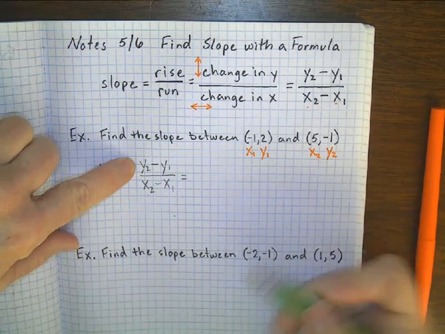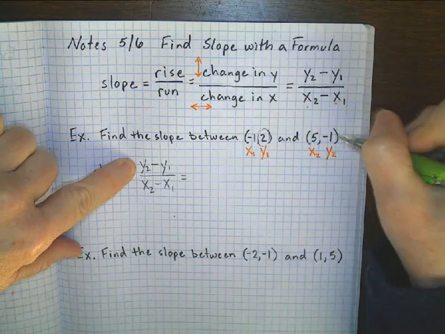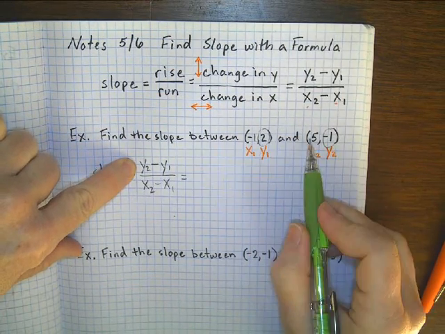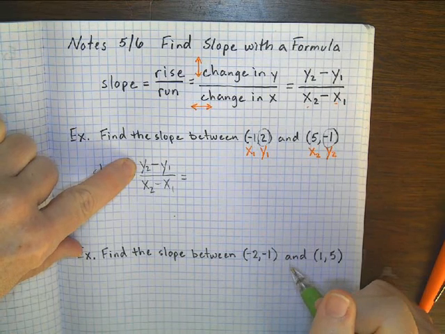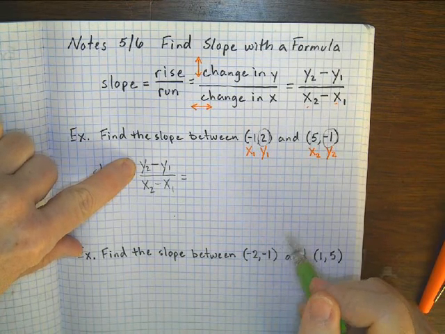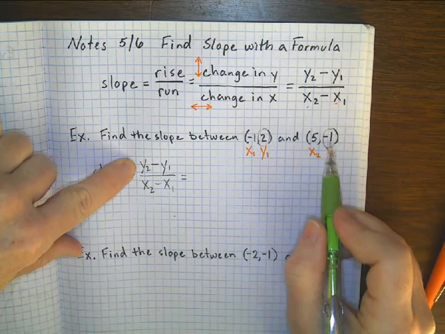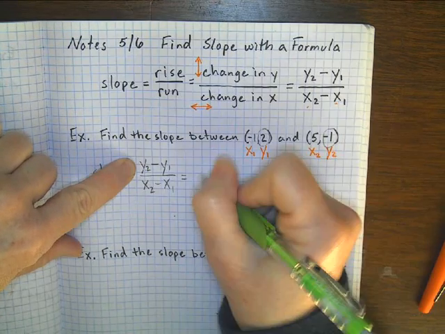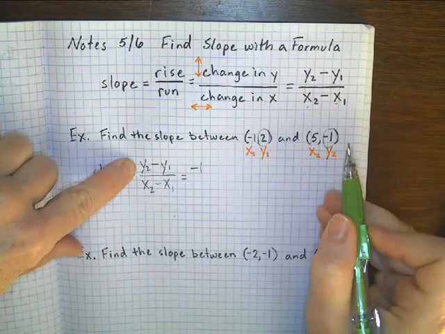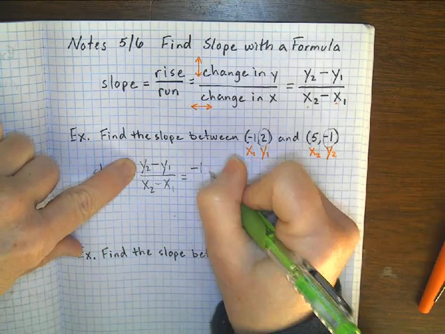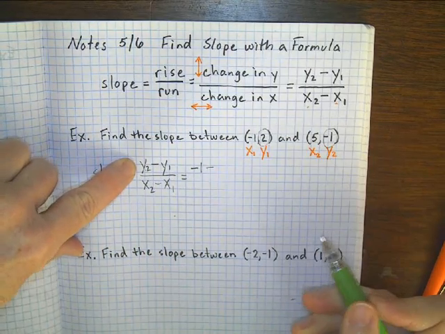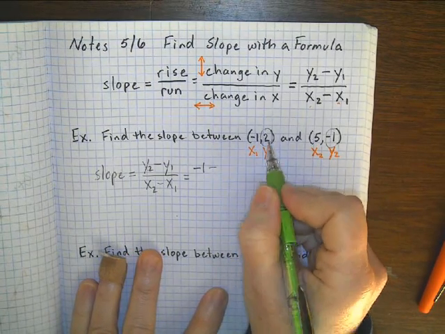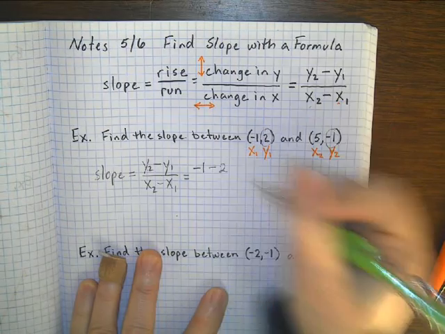My y's are here and here. These are my y values because it goes x, y, just like the alphabet. This is the second y. So my second y is -1. And then I'm going to minus my first y value. So my first y value is +2. Okay?